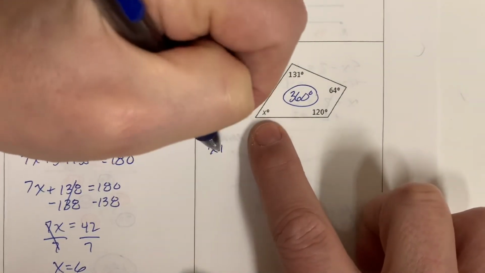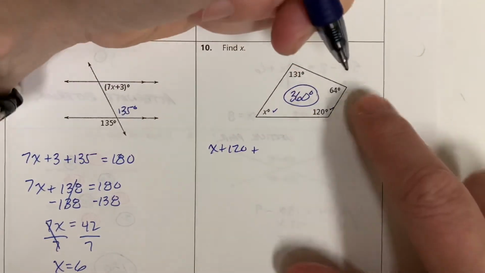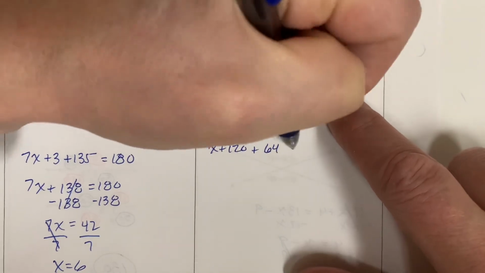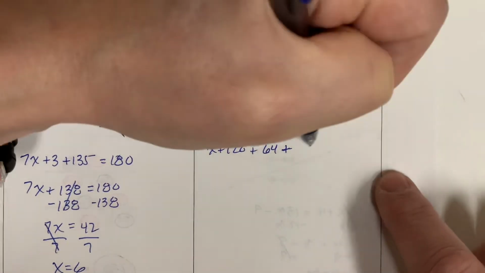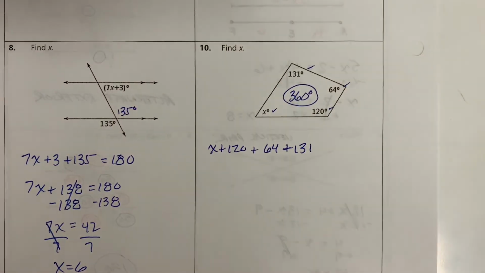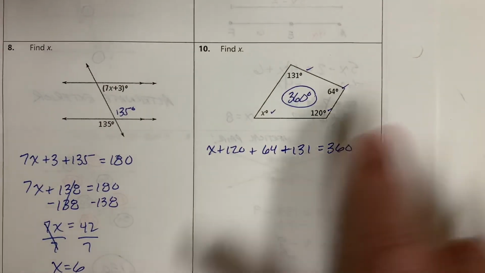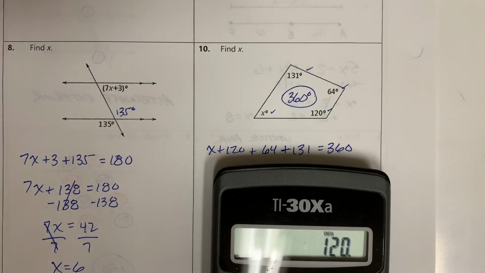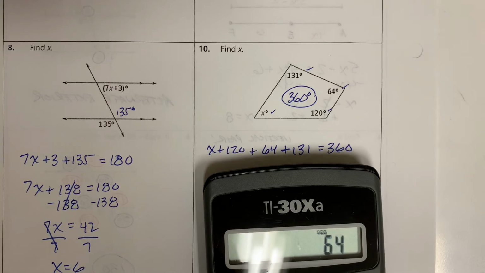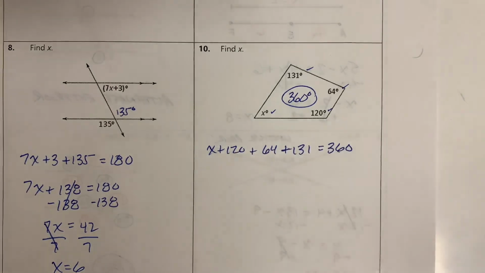X plus 120 plus 64 plus 131. All 4 of those is equal to 360. So I'm going to add all 3 of these together. So 120 plus 64 plus 131 is 315.